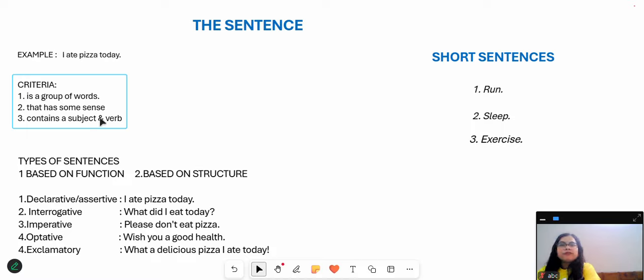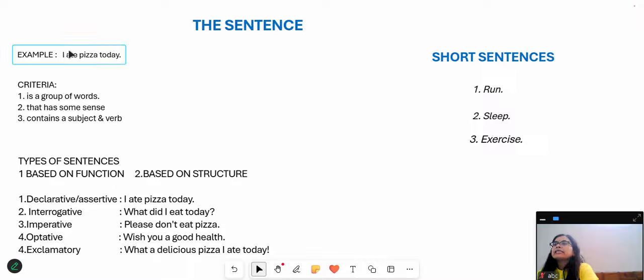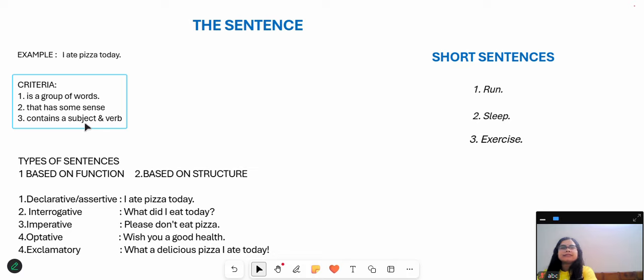Now, a verb is an action word, or it tells the state of being. The action being done here is ate. So we can conclude that "I ate pizza today" is a full sentence that has a sense and contains a subject and a verb.